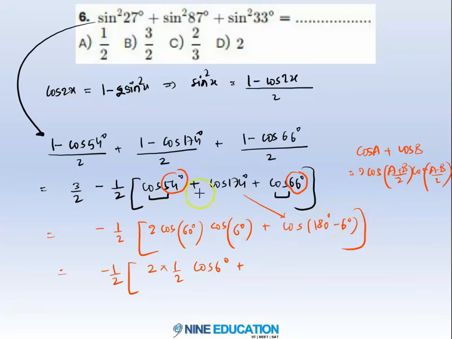So this is going to be minus cos 6 degree. So this 2 and 2 cancelled. Cos 6 minus cos 6 is going to be 0, and we had 3 by 2 over here, so that will be as it is. So this is 3 by 2 minus 1 by 2 into 0. Answer is option B. Let's go to the next question.